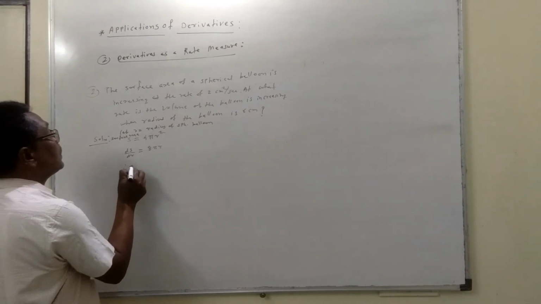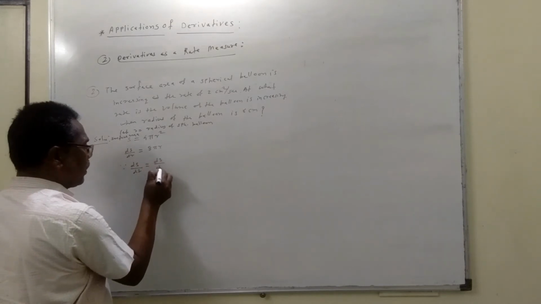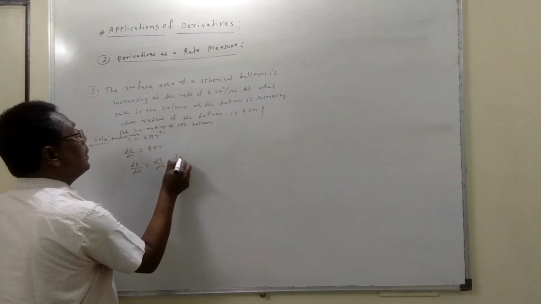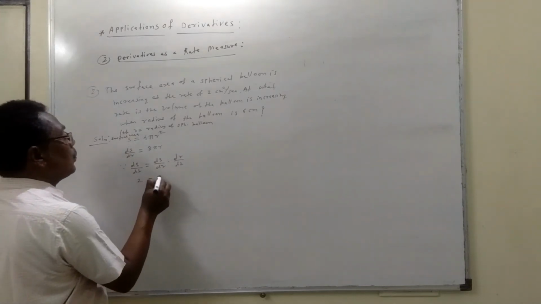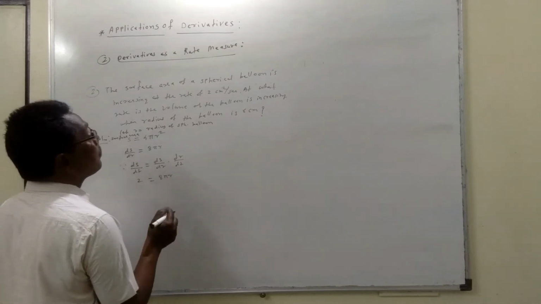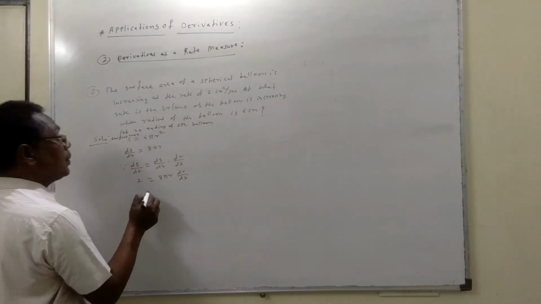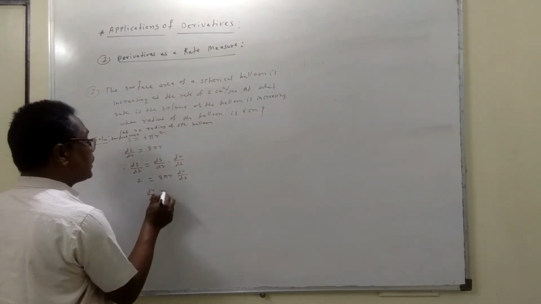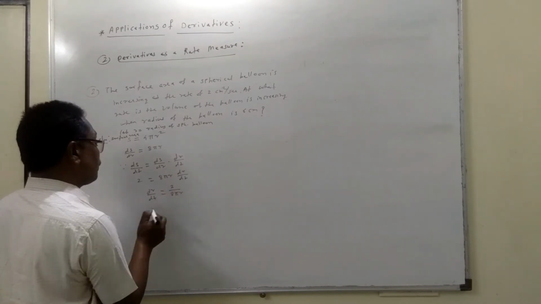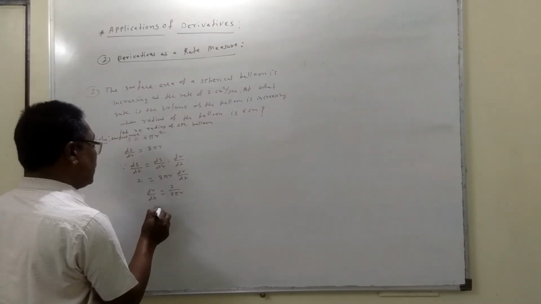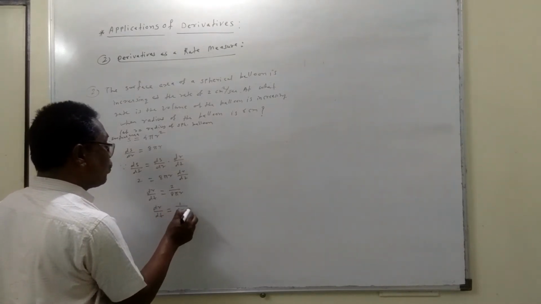Now since ds upon dt is equal to ds by dr into dr by dt, ds by dt is 8 pi r dr by dt. So dr by dt is equal to 2 upon 8 pi r, so dr by dt is equal to 1 upon 4 pi r.